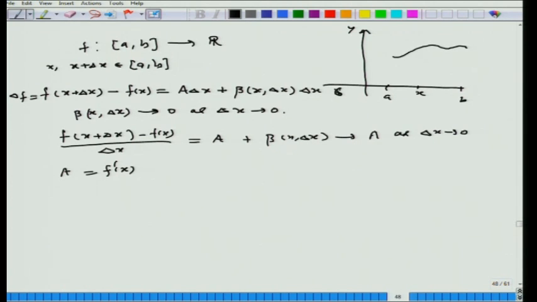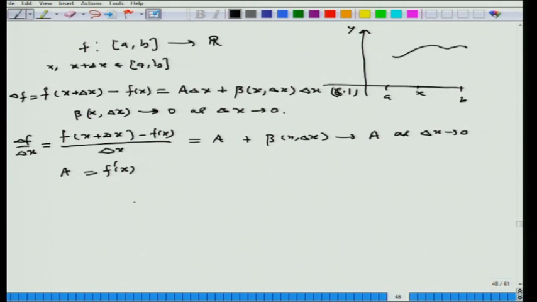This is let us say 6.1. So, 6.1 holds if and only if f is differentiable, and we can see that if we divide by this delta x here, delta f by delta x is equal to this, and this tends to A as delta x tends to 0. Therefore, we know that this is the derivative f prime. So, it follows that A is f prime x.